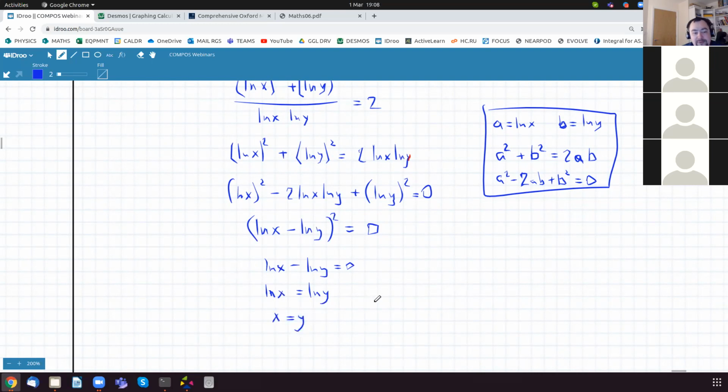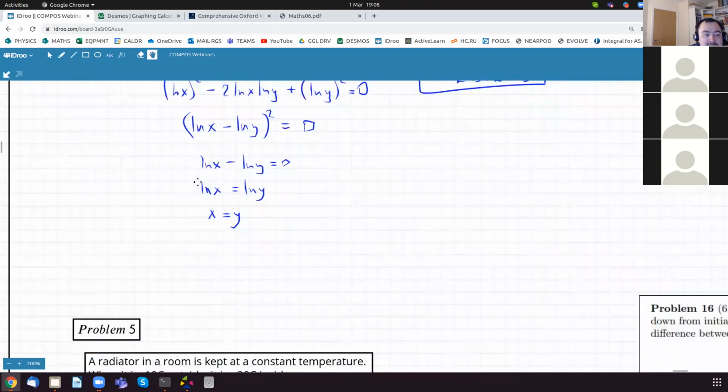I think I've spoken about this before, but logarithm is a monotonic function, and it is a one-to-one function. So if logarithm x is equal to logarithm y, that can only mean that x is equal to y.